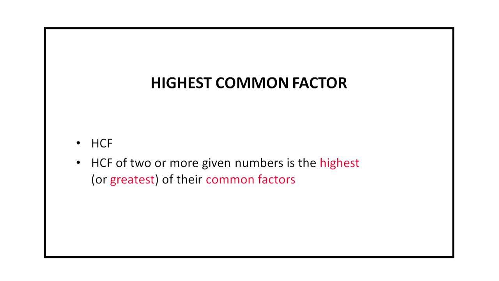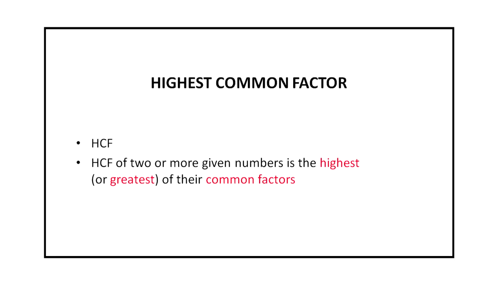In HCF, H denotes highest, C denotes common, and F stands for factor. HCF of two or more numbers is the highest or the greatest of their common factors.